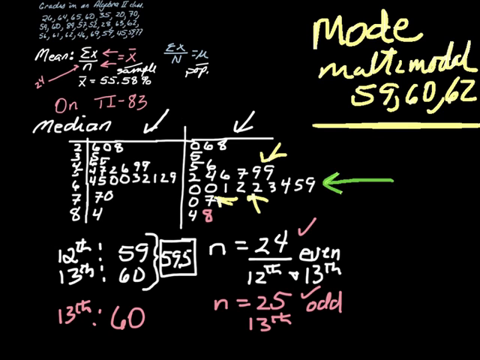So I would say the class of the 60s contains the most values, so the 60 class is the mode. Okay? And that's another way to do it. Sometimes you're looking at classes, sometimes you're looking at individual values. And that's how you find a mode.